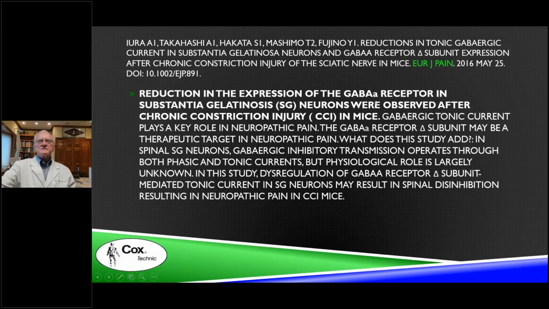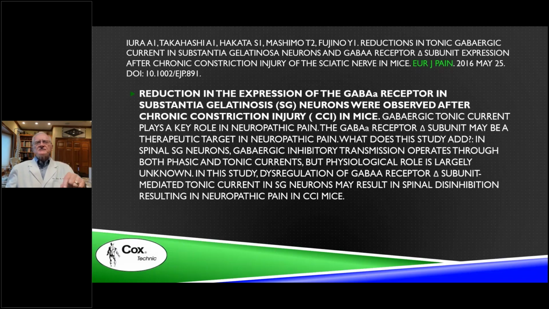The reduction of the expression of gamma aminobutyric acid receptors in the substantia gelatinosa neurons is observed after chronic constriction. What does that mean? Well, in the brain, the synapse produces glutamic acid, glutamate. A byproduct, one of the products of that is gamma aminobutyric acid, which suppresses the function of galanin.